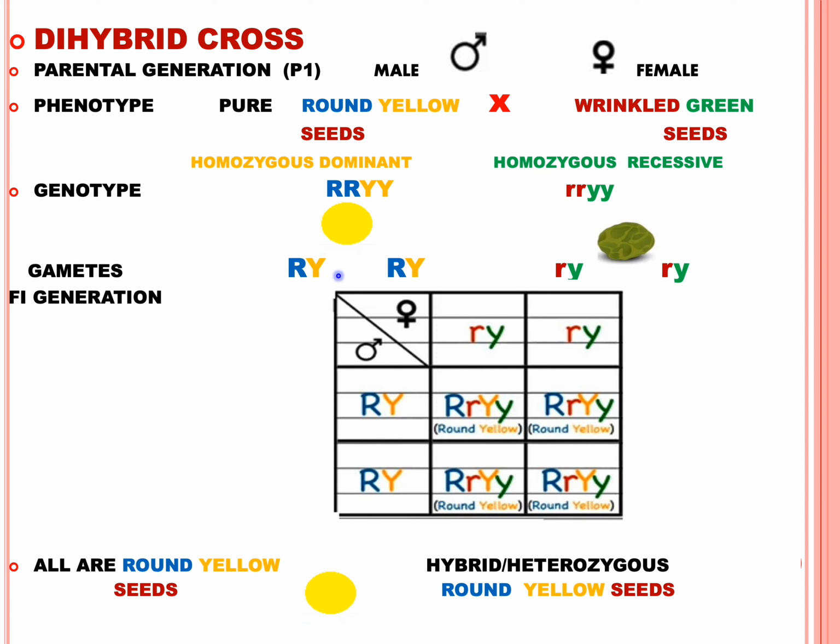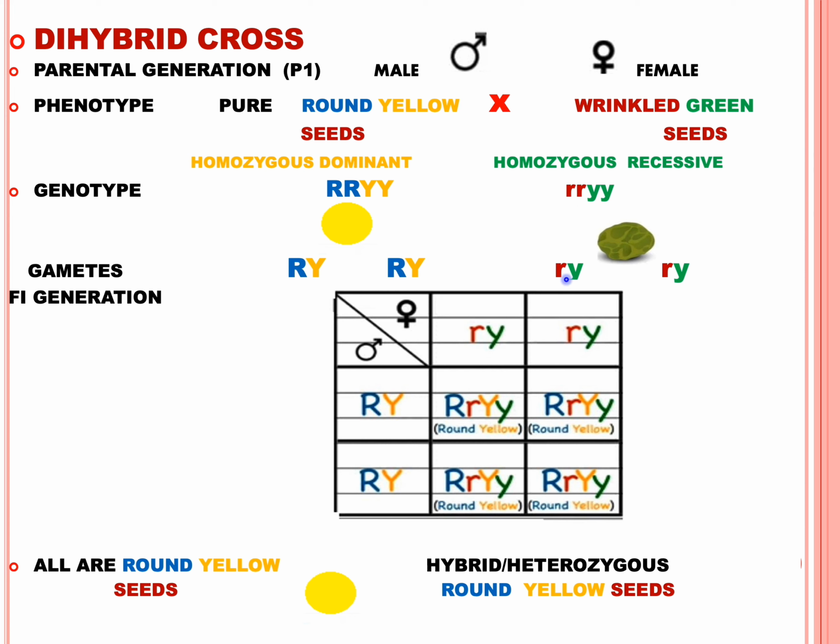So all male gametes had one allele of each trait, that is capital R for round shape of seeds and capital Y for yellow color of seeds. In the same way, in the case of female gametes formed in the female pea plant, each female gamete receives one allele of each trait.